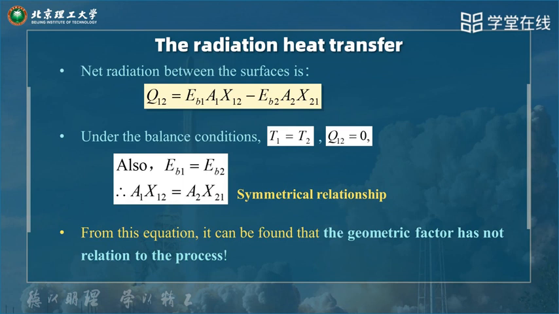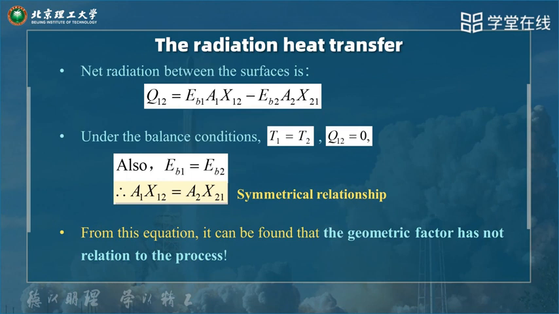This equation is certainly right under any condition. If the energy is balanced and the temperature is the same, certainly Q12 is 0. That is to say, when T1 equals T2, Q12 is 0. From this equation, it is easy to obtain A1 times x12 equals A2 x21.